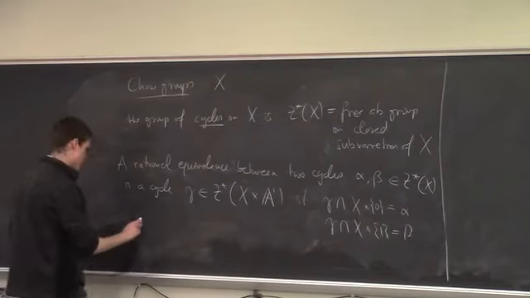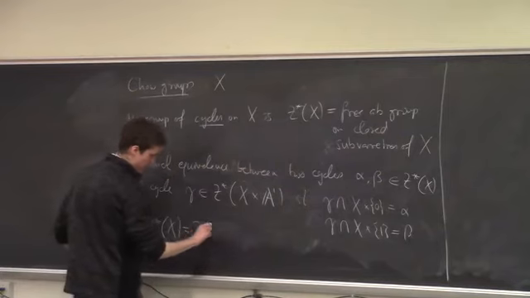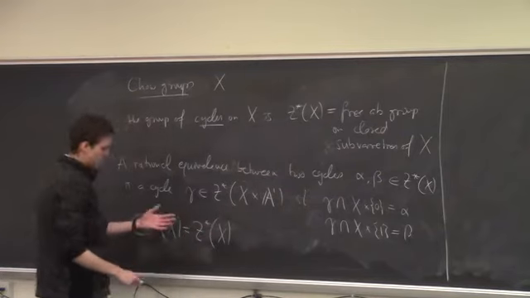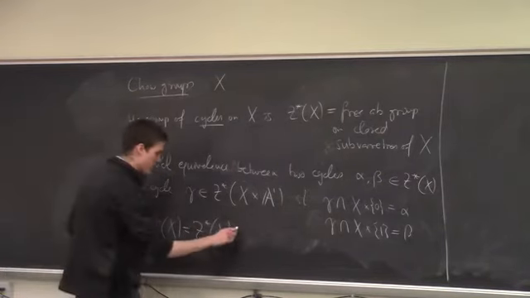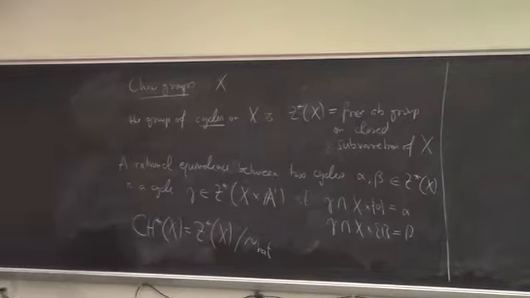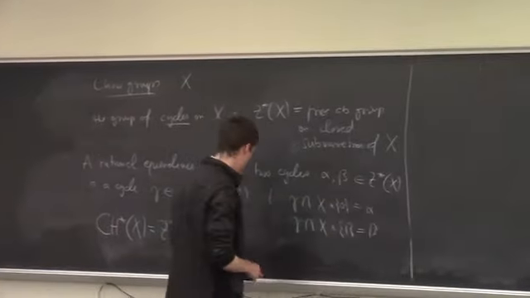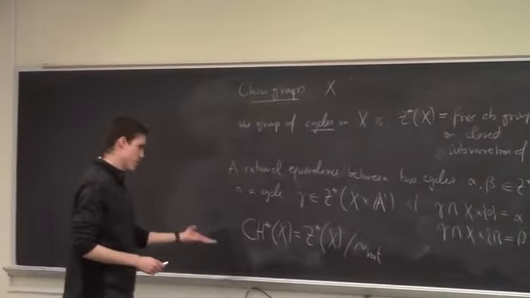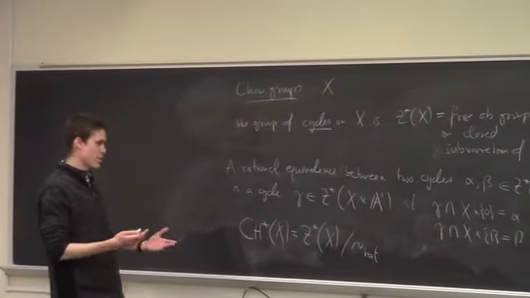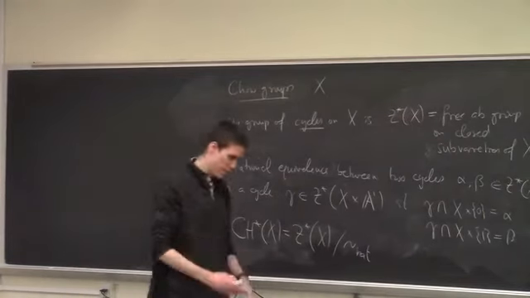And so then the Chow groups are defined as follows: I look at this group of cycles and I quotient by a rational equivalence. And now this thing is actually a commutative ring where the product is given by intersection, when it makes sense.